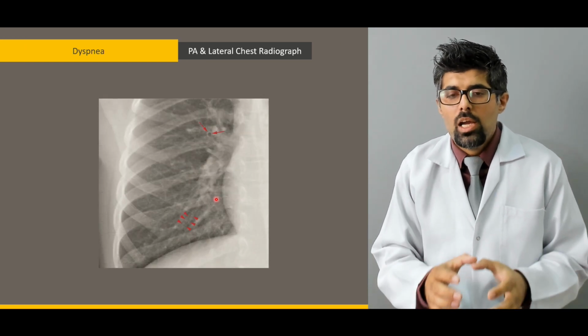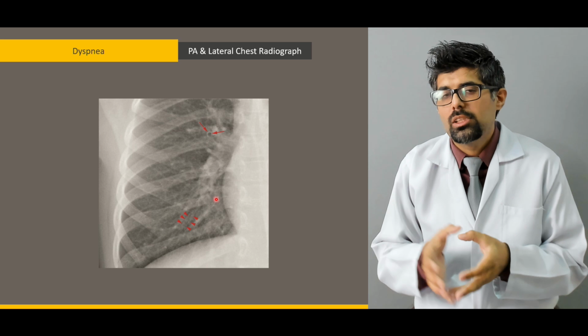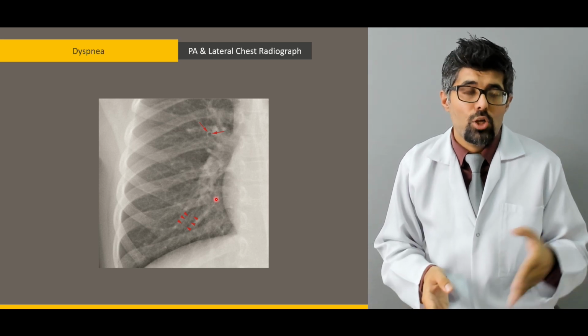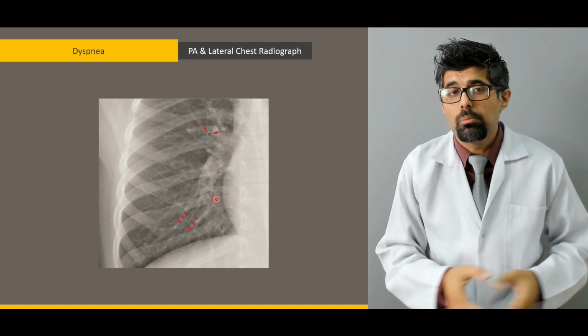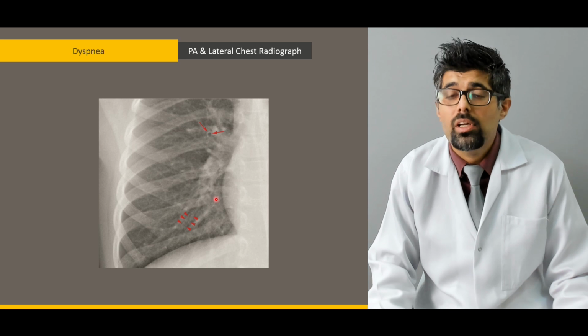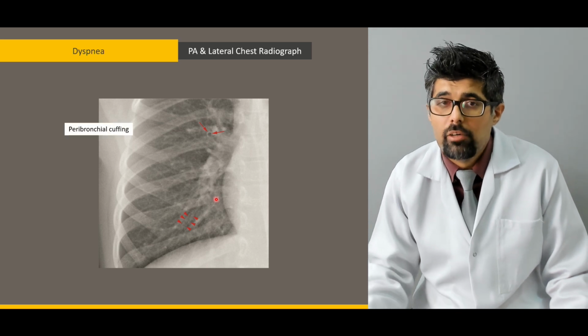Now, if the pneumonia is not of bacterial origin but of viral origin, usually we do not get an air bronchogram sign, but what we do get is called peribronchial cuffing.